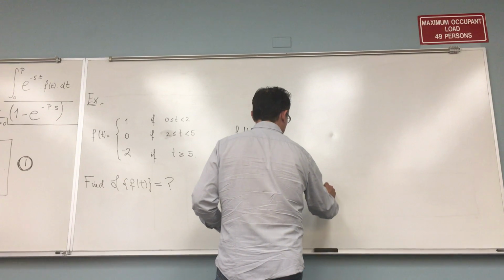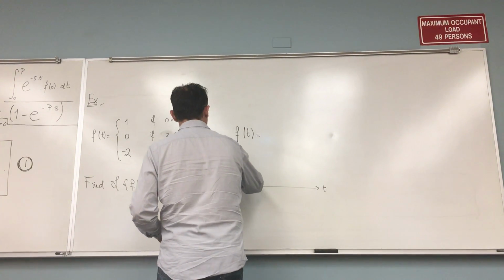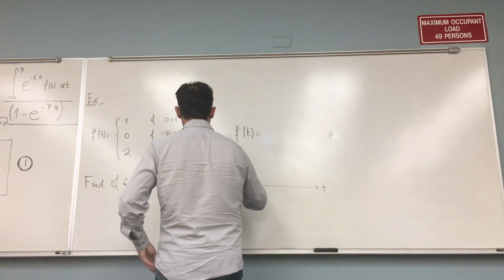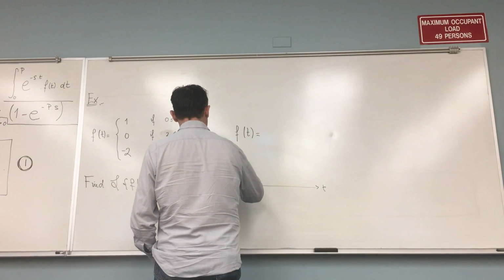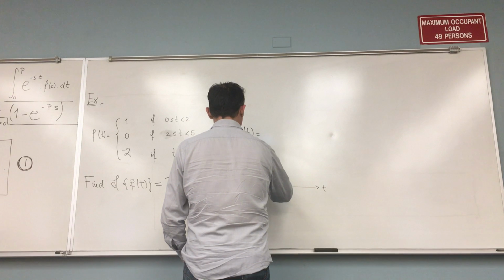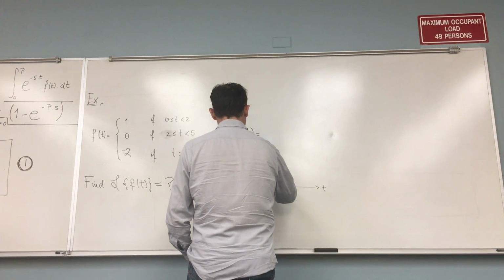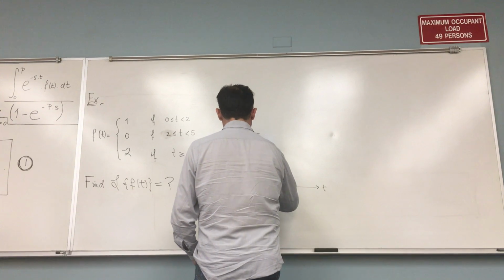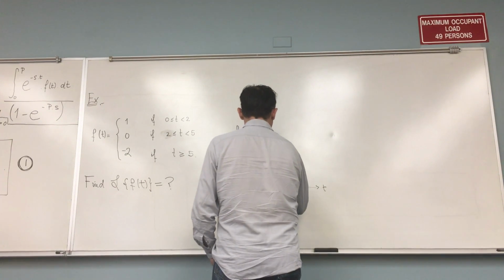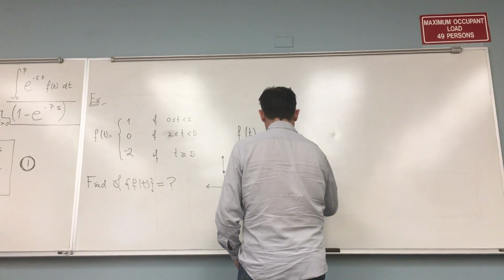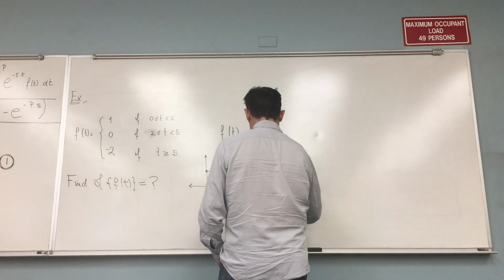Now, let me grab this thing. So here we have the vertical axis. It starts being 1, like this. Then you bring it down to level 0, and it stays like this up to 5, and then it jumps up to level 2.